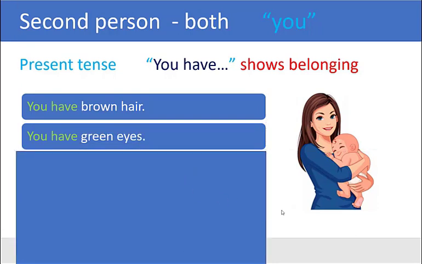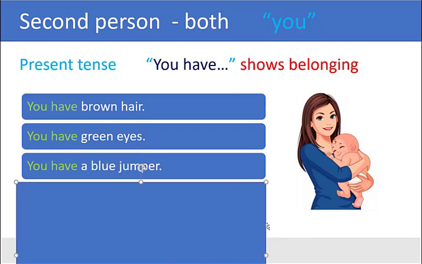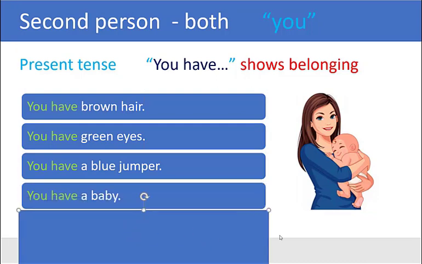I could also say, you have green eyes. Equally, I could say, you have a blue jumper. Also, you have a baby.